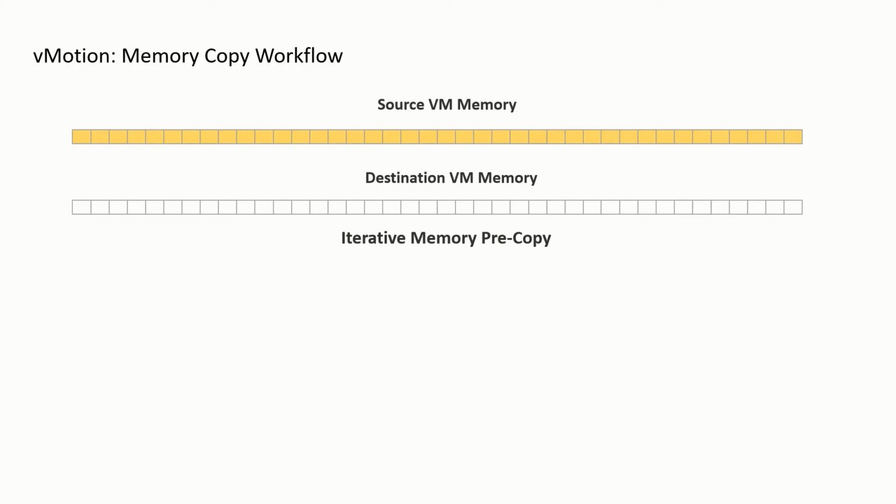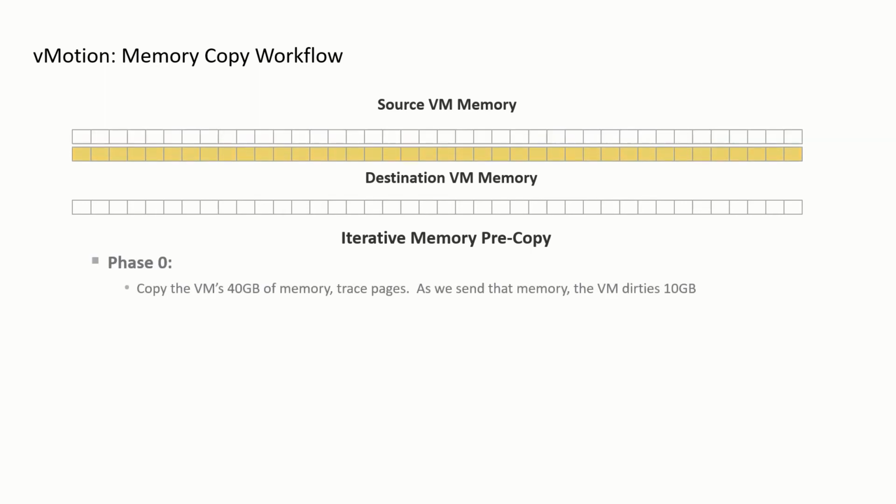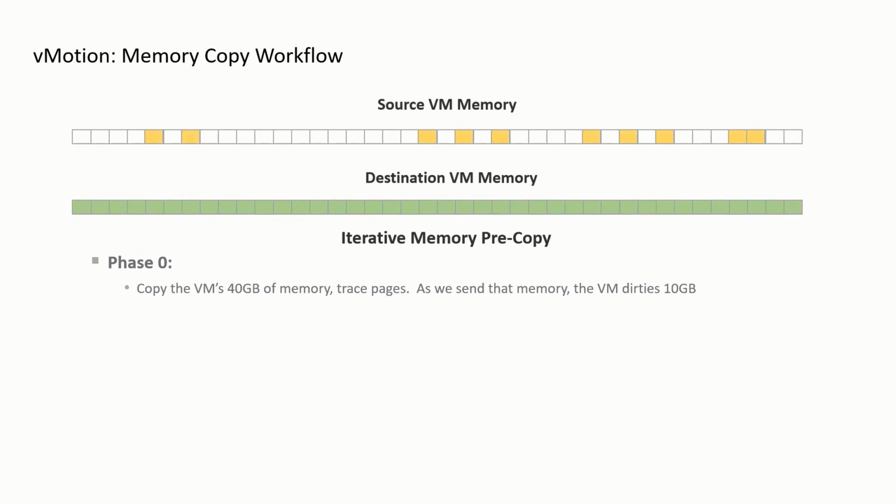To give you an example, this is what the iterations could look like as you live migrate a virtual machine with 40 GB of memory. Phase 0 copies the 40 GB of the virtual machine's memory and traces pages. As the process sends the memory, it dirties 10 GB of memory again.